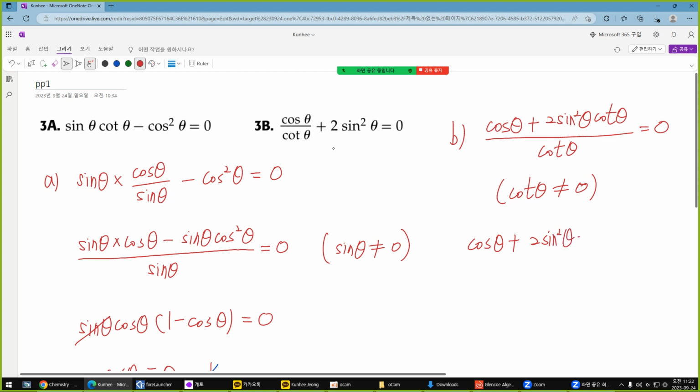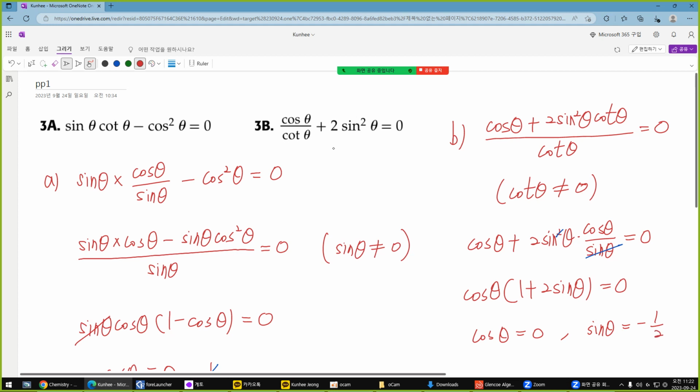So if we change cotangent theta to cosine over sine, we can cancel this sine theta, and then if we factor using cosine theta, this means cosine theta is 0 or sine theta is minus 1 over 2.